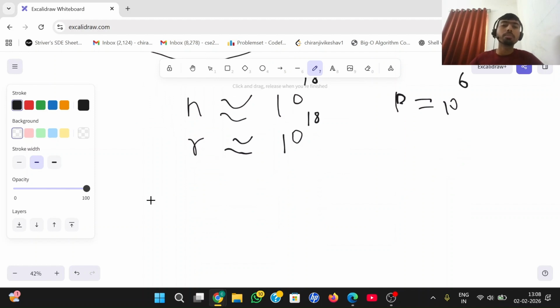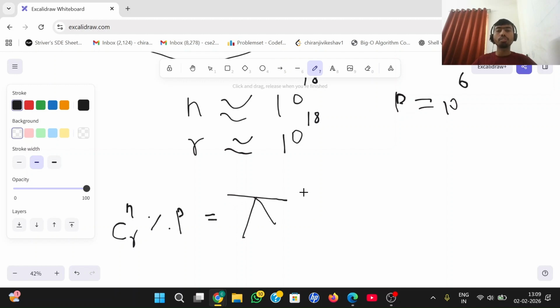So Lucas theorem gives you a simple expression. The value of nCr modulo p is going to be equal to the multiplication of n_i C r_i modulo p. Okay.